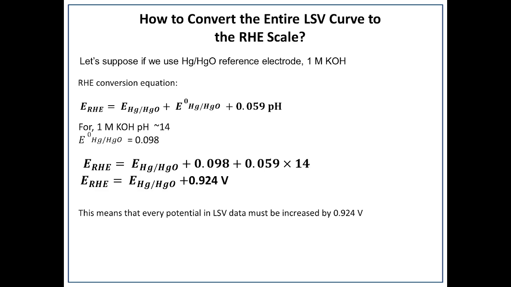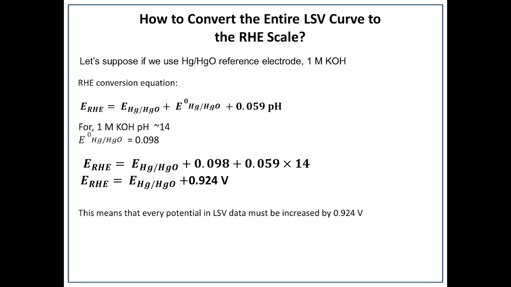We get hundreds or even thousands of data points. Am I correct? So, how do we convert the entire LSV curve into the RHE scale? If you have the same question, don't worry. In today's video, I will show you exactly how to do it using a real LSV dataset.